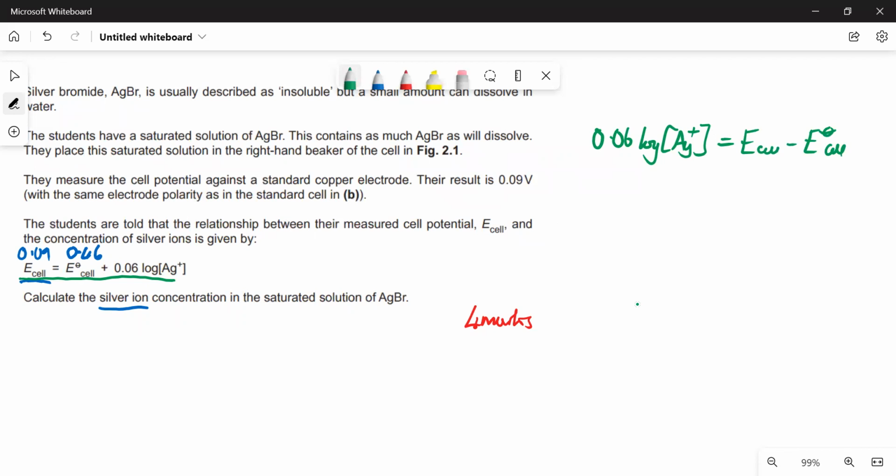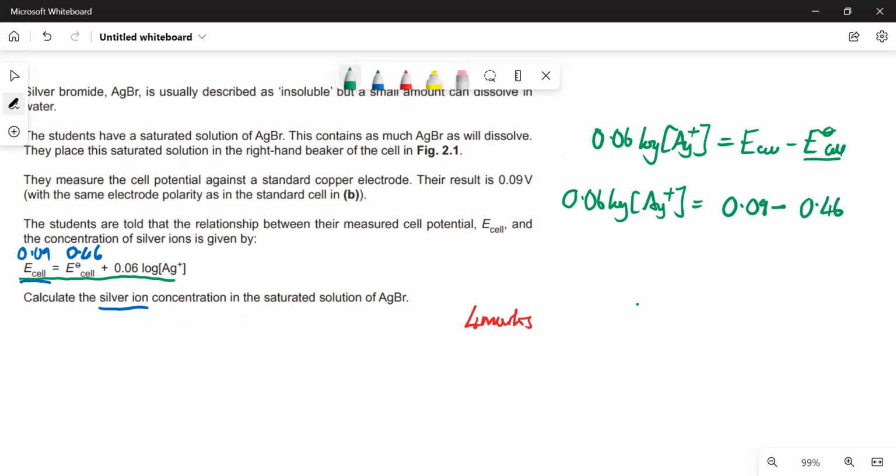Right, let's put the numbers in there. So we get 0.06 log Ag+ is equal to, what was E cell? Sorry, 0.09, they measured it. 0.09 minus E standard cell, that's 0.46.